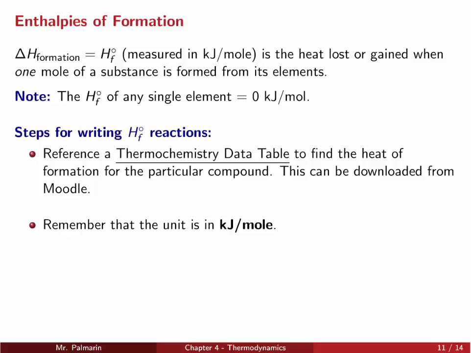It's actually per the formation of a compound, or an element, or a molecule. So what do we mean by this? Well, enthalpies of formation, here we go. Basically, it's the amount of heat measured in kilojoules per mole that's lost or gained when 1 mole of a substance is formed from its elements. So let's say water, for instance. Water formed from its elements.